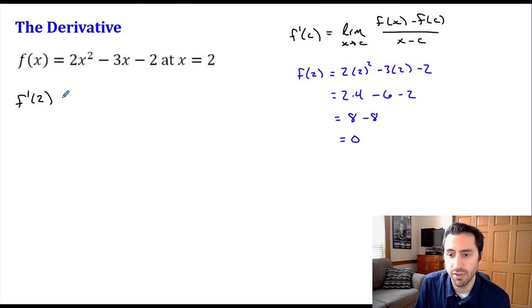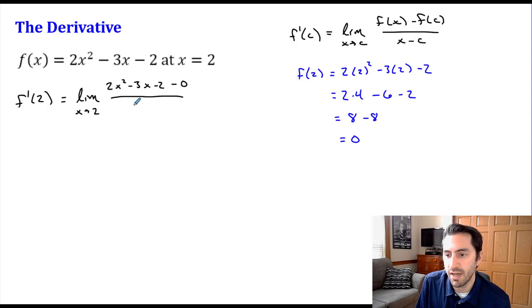So to find our derivative at 2, we have the limit as x approaches c, which in this case is 2, of f of x, our original function, 2x squared minus 3x minus 2. F of c, we just found that was 0.